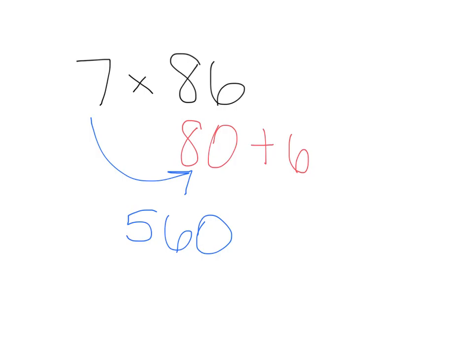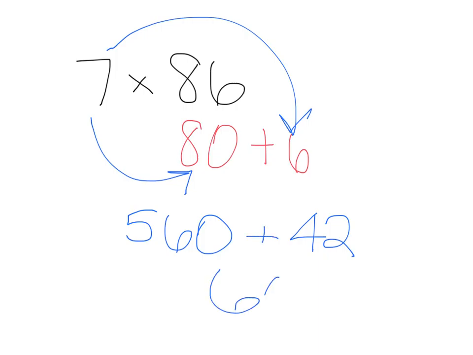And then you can multiply the 7 times the 6 and get 42, and then you add those two together and you get 602 for your answer. So this is just kind of a shortcut way to distribute the 7 to everything that's there, the 86. The 86 can be broken apart into an 80 and a 6.